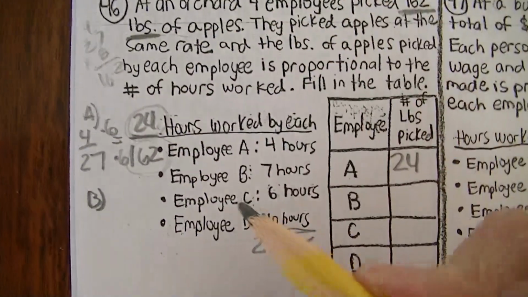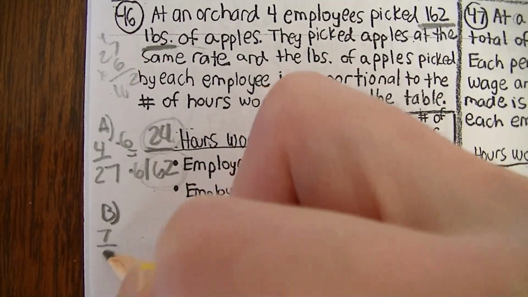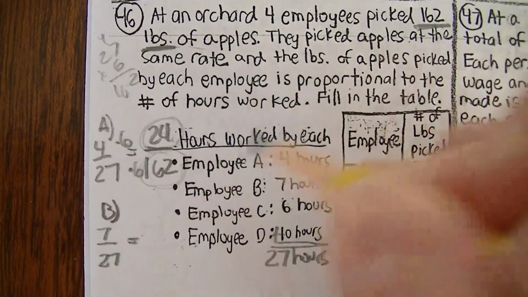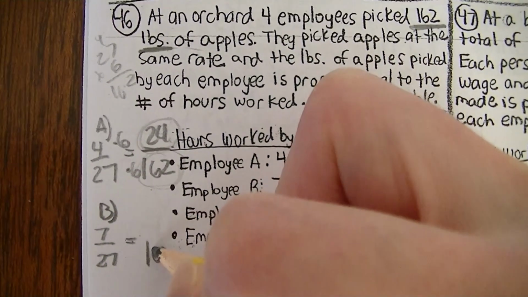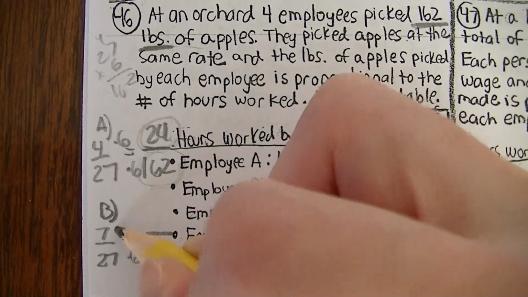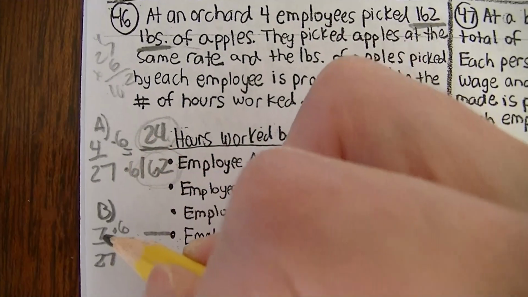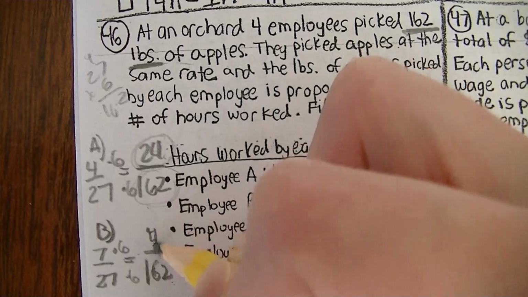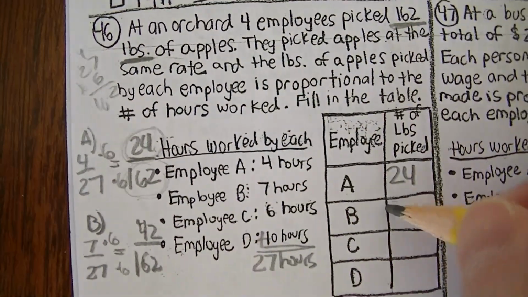Okay, employee B. 7 hours worked out of that 27 total by everybody, and there was 162 pounds picked, so times that by 6, times this by 6, it's a proportional relationship, so it's 42 for this employee.